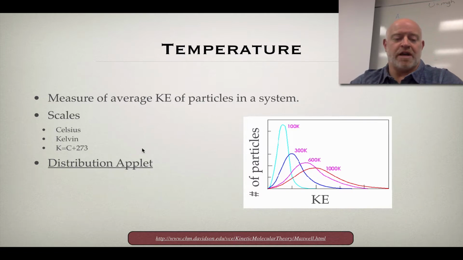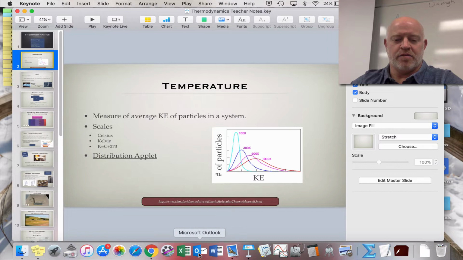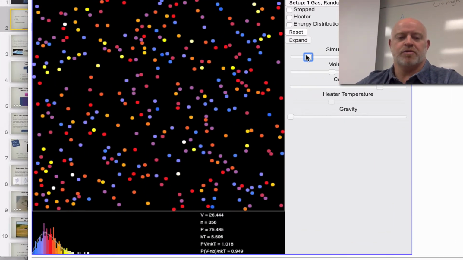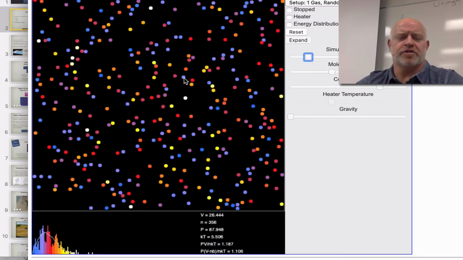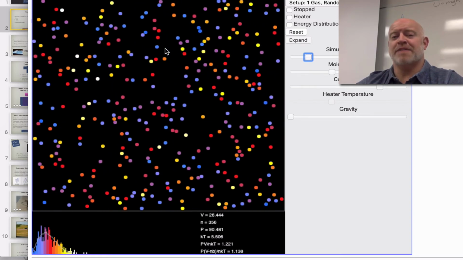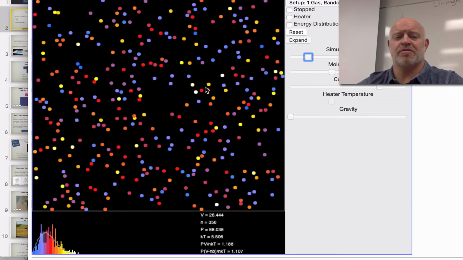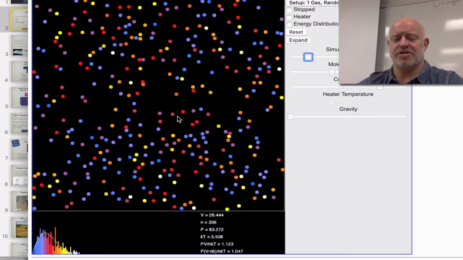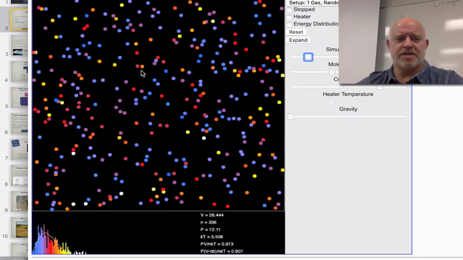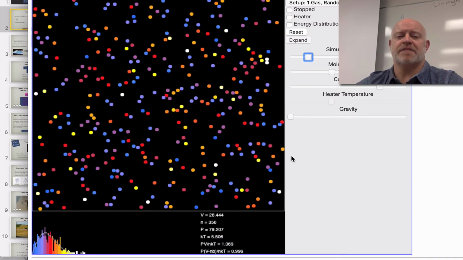Now, we're going to go to a little distribution applet, as I call it, and what it does is show us that distribution. On our screen we see a random sample of particles. This is probably a fluid or a gas, because the particles are able to move around each other. We see them moving back and forth, but they're not all moving at the same speed.